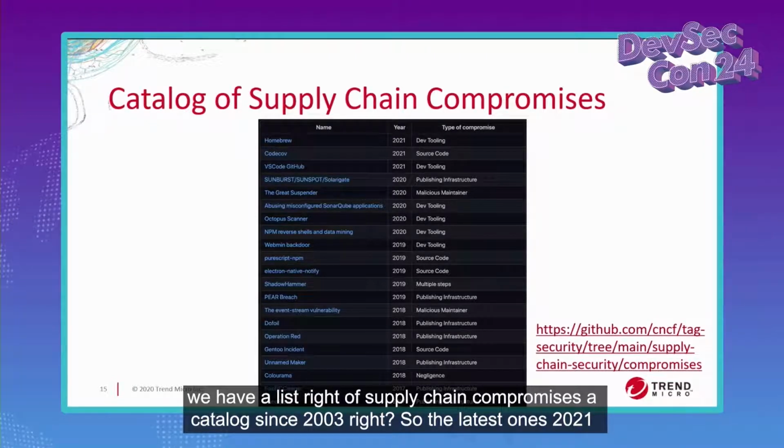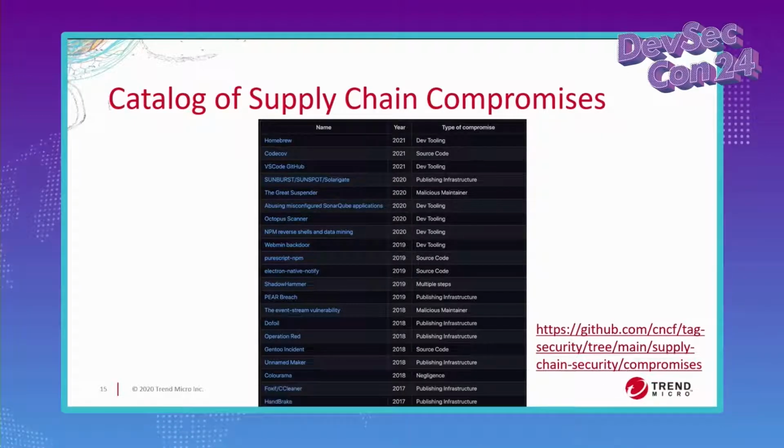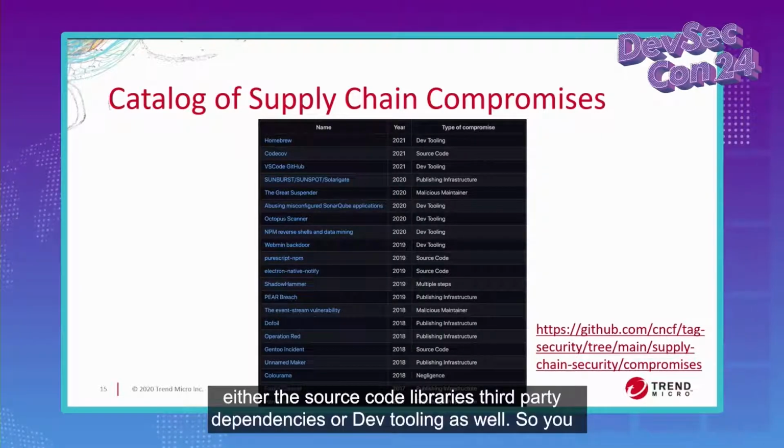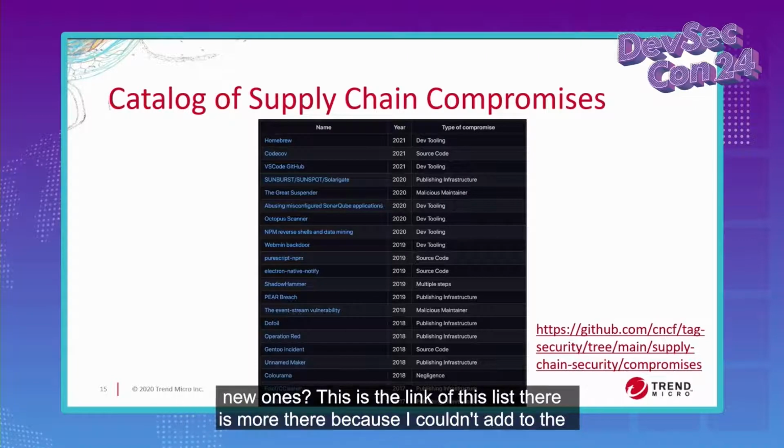The latest ones, 2021 and 2020, show all the compromises that happened related to the supply chain, sometimes in the source code, libraries, third-party dependencies, or dev tooling as well. This is important for you to understand how those previous attacks happened and how to protect against new ones.